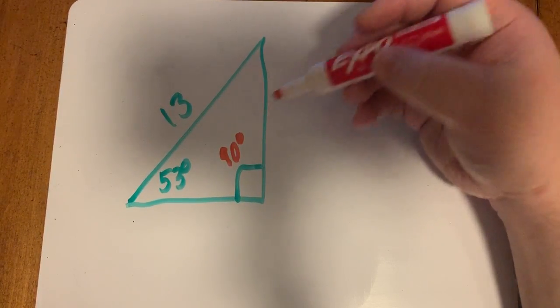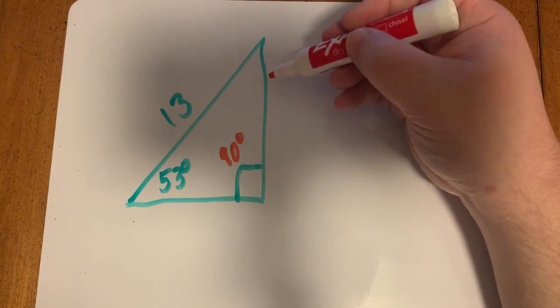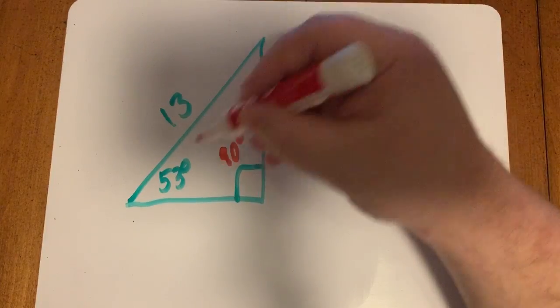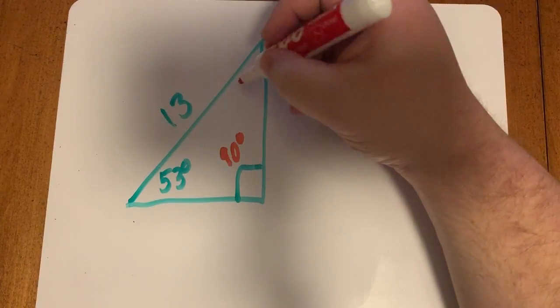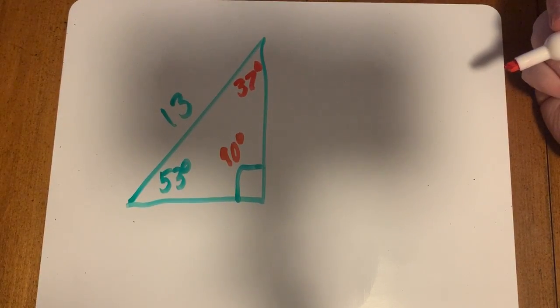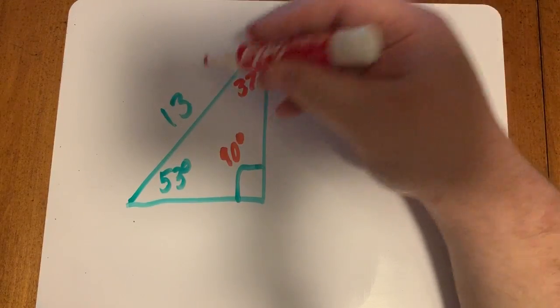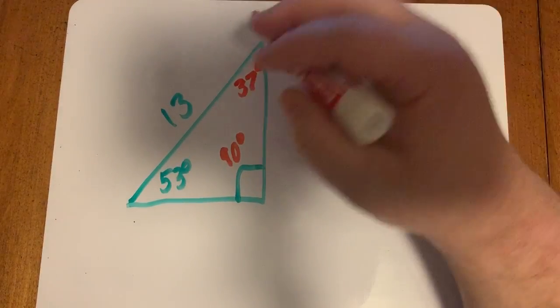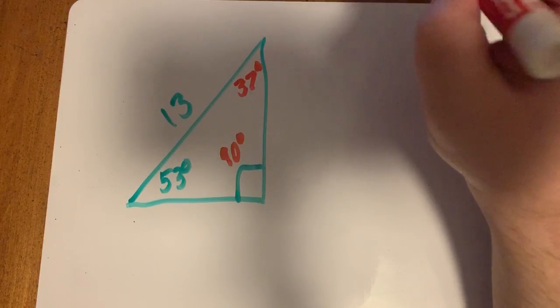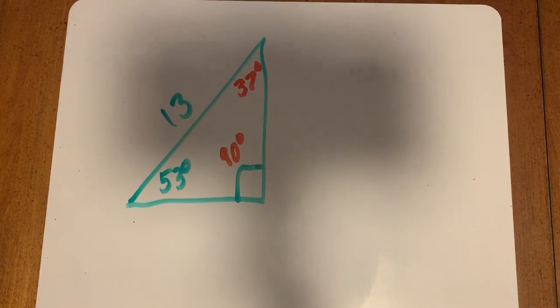They add to 180, and if one of them is 90, that means these two add up to 90. So to find this angle, you can subtract 53 from 90 and get 37 degrees. So we have all three angles, but just one of the sides. And we haven't had to use any trig yet. But to find these sides, that's what we're going to have to use trig for.